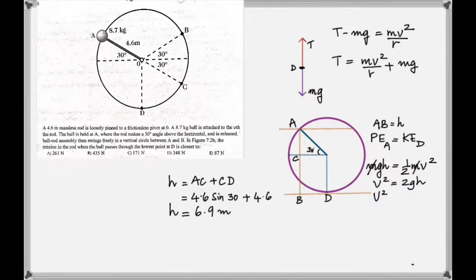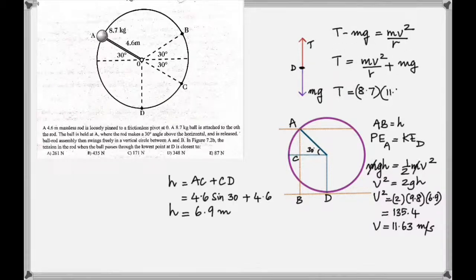So that gives you the height at 6.9 meter. And when you put that number into that formula, after we take the square root of that number, you get the velocity as 11.63 meter per second. And once you get the velocity, plug it back into this relation to find the tension.